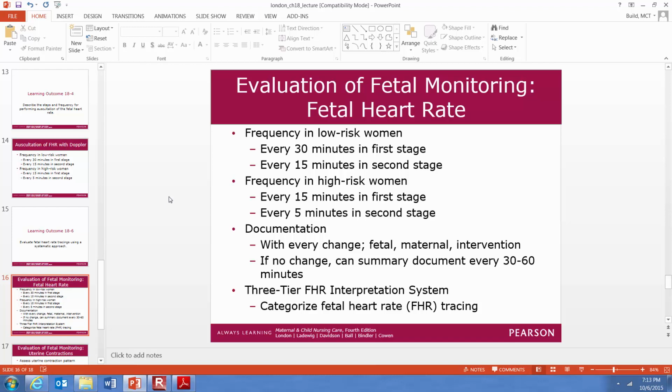So for my low-risk woman, if I'm assessing every 30 minutes and my assessment is the same from 8 a.m. to 8:30, I don't have to document. But at 9 o'clock, when I assess again at 30 minutes, I need to document. But I tell you what I'm doing. In my documentation, most computer systems have a button that says assessment unchanged.